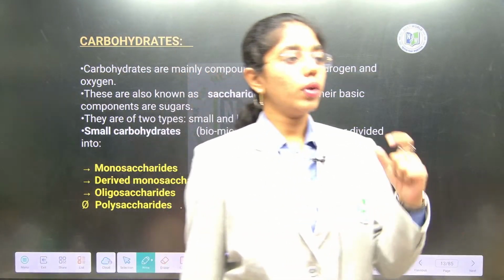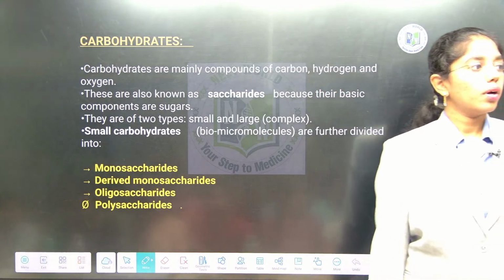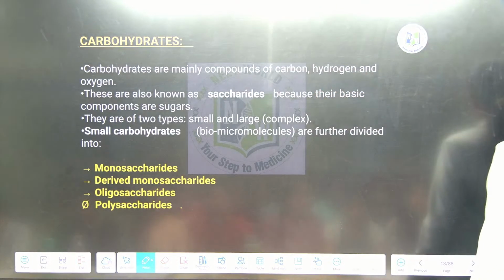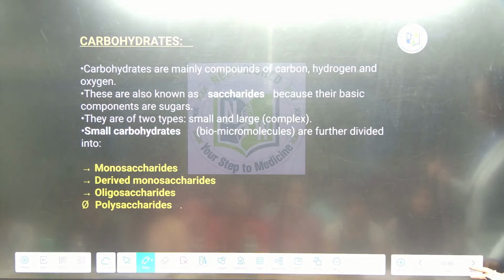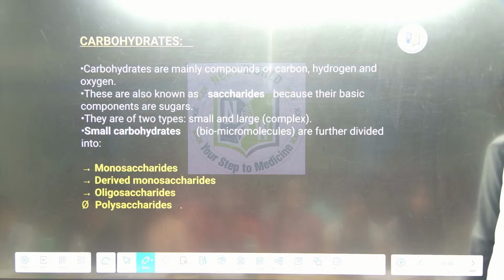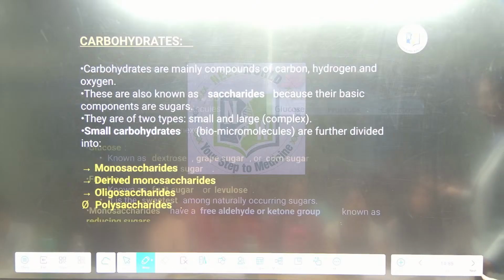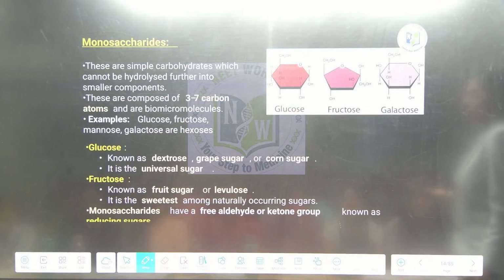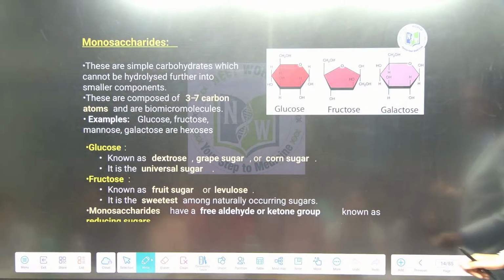Can anybody, only one person, tell me examples of monosaccharides from this row? Maltose, lactose and... I asked about monosaccharides. Glucose, fructose, galactose, mannose. These are examples of monosaccharides: glucose, fructose, mannose, galactose, and hexoses.